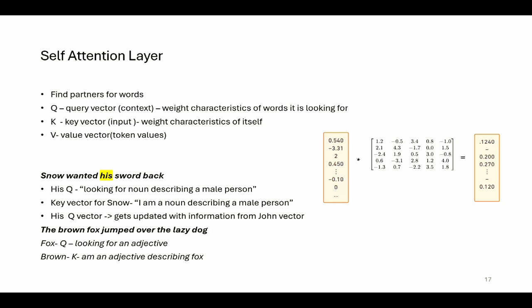Similarly, the weights used here have this intelligence built into the dimensions. I don't know if this is going above everybody, but this is one way to think about it. To understand context, think of attention like a matchmaking service, right? You're looking for life partners, or a dating service, right?